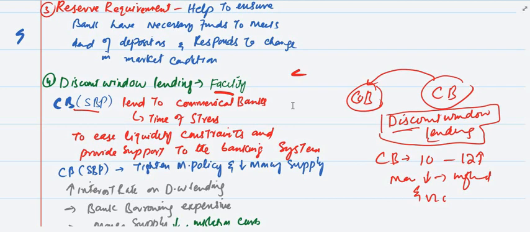So when the central bank wants to tighten monetary policy and reduce the money supply, the central bank raises the interest rate it charges for discount window loans.